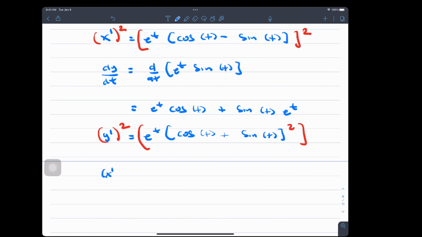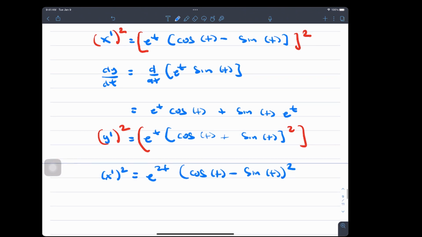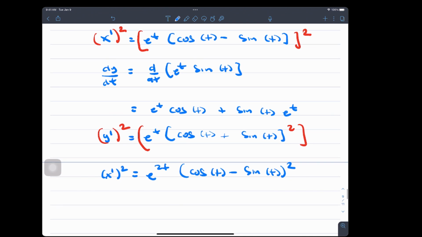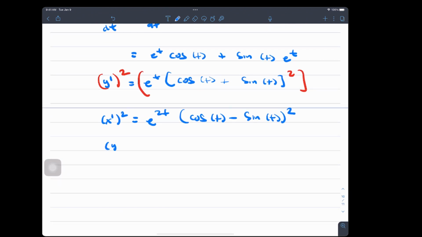Now, let me share with you guys some algebra. X prime squared becomes e to the 2t now, cosine t minus sine t, and we're going to square that. You're distributing that power of 2, right? You're using some algebra. Same thing for this y prime squared. We'll get e to the 2t now, but this time you get cosine t plus sine t squared. So you're going to distribute your power of 2 there.